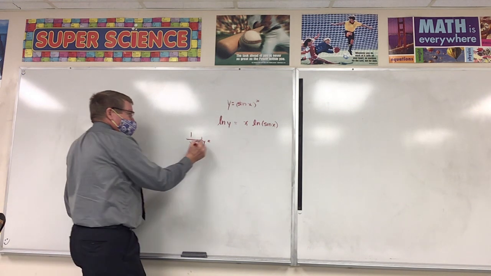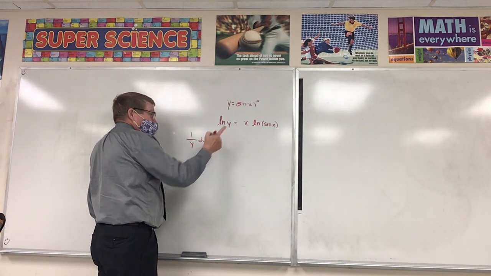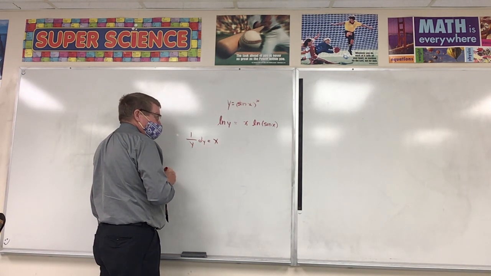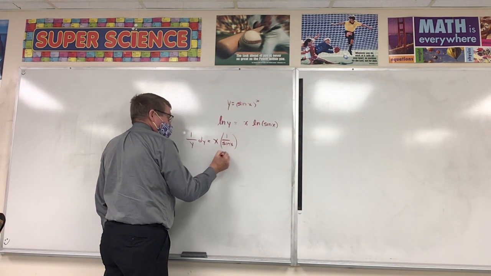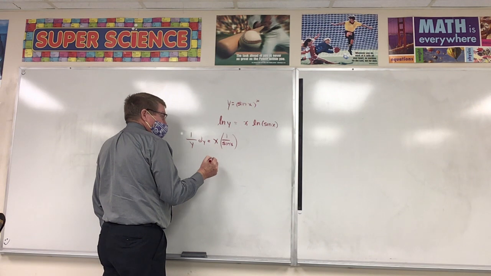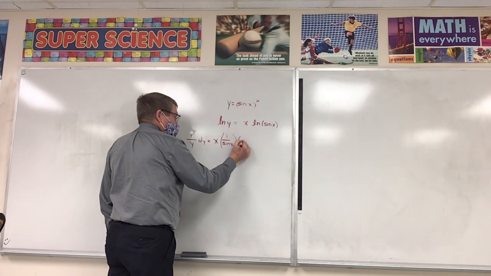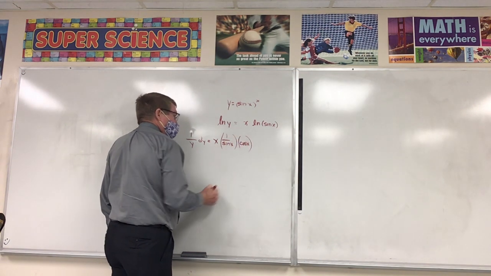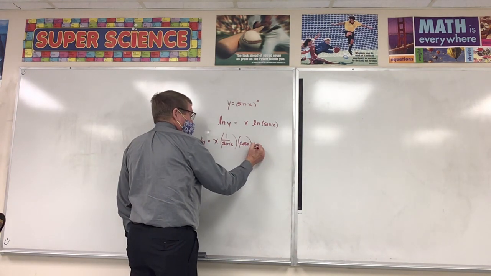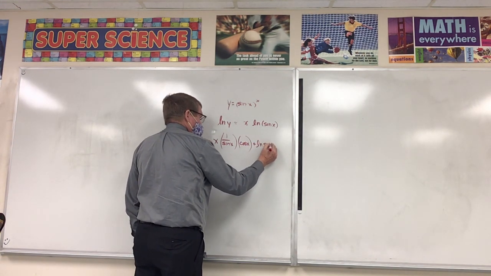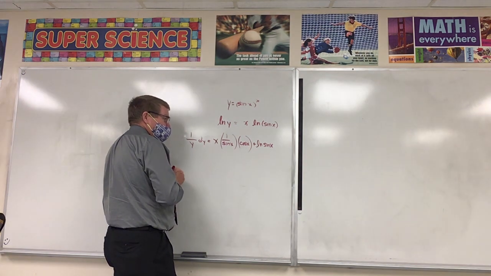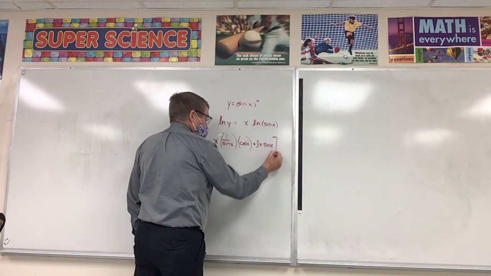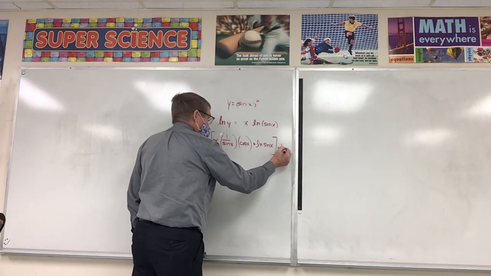So it's the first times the derivative of the second, which is 1 over sin x times cosine x, plus ln of sin x times the derivative of x, which is 1. And this is all over dx.